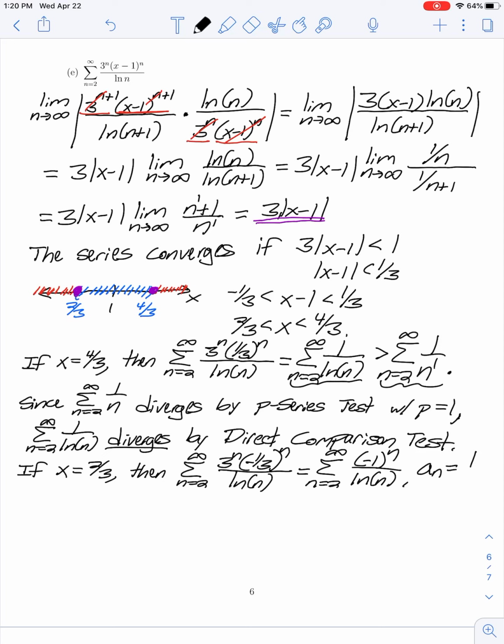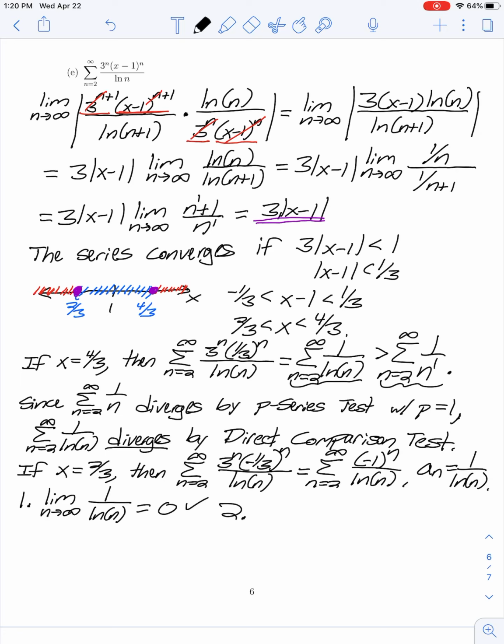So here we're going to work with a sub n is 1 over the natural log of n. And there's two things that we have to check for the alternating series test. The first is whether the limit as n approaches infinity of our general term, 1 over log of n, is 0, which it is since the natural log of n is increasing in the denominator.